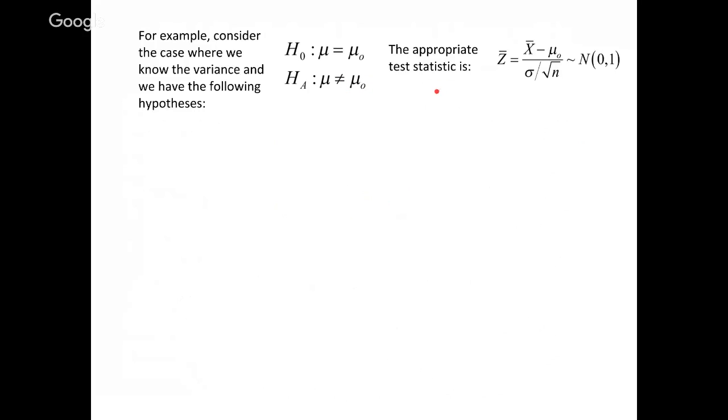Of course, in the case where we know the population variance, the appropriate test statistic is the standard normal variate. We know that it will follow the normal distribution with a mean of 0 and unit standard deviation.